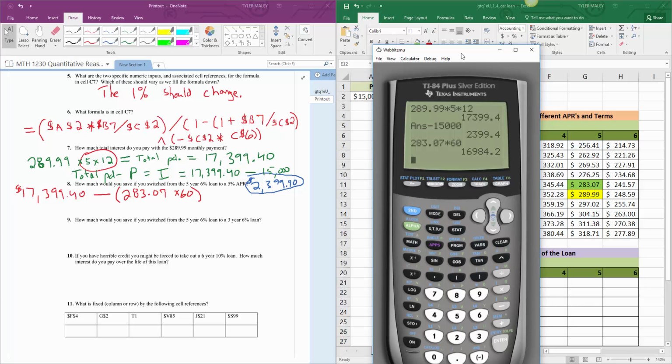So then if I take the 17,399.40 and subtract off this answer, I'll just hit second answer. Hit equals. We get $415.20. So $415.20 is what I'm getting.